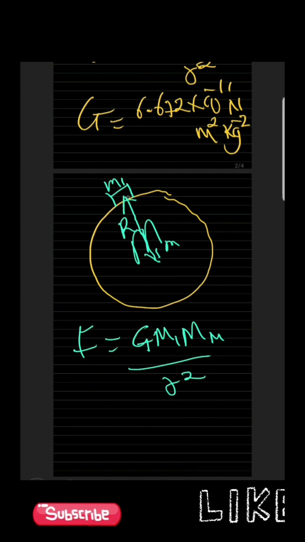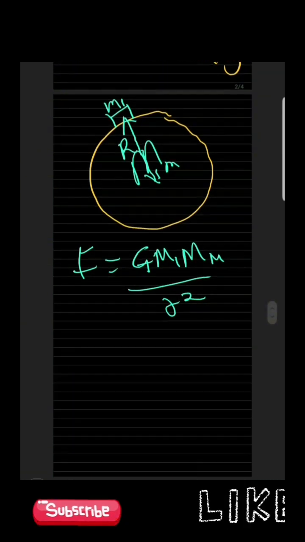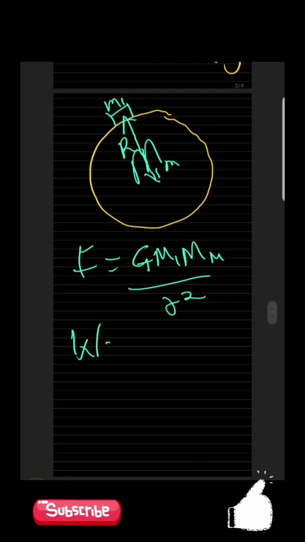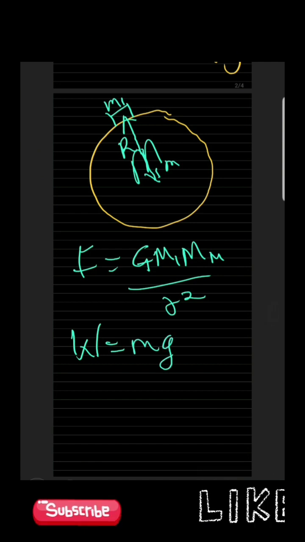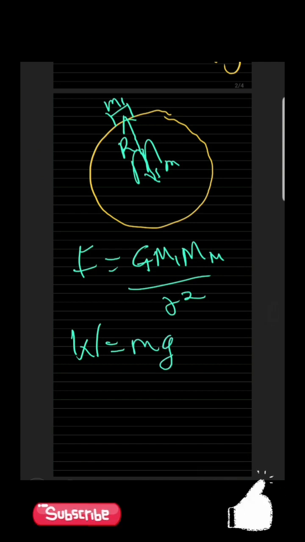But this particle which is on the moon will also have its own weight force, and weight is equal to what? Mass times acceleration. In this case, we are on the moon, so it will be mass times acceleration on the moon. So that will be the weight of that object.